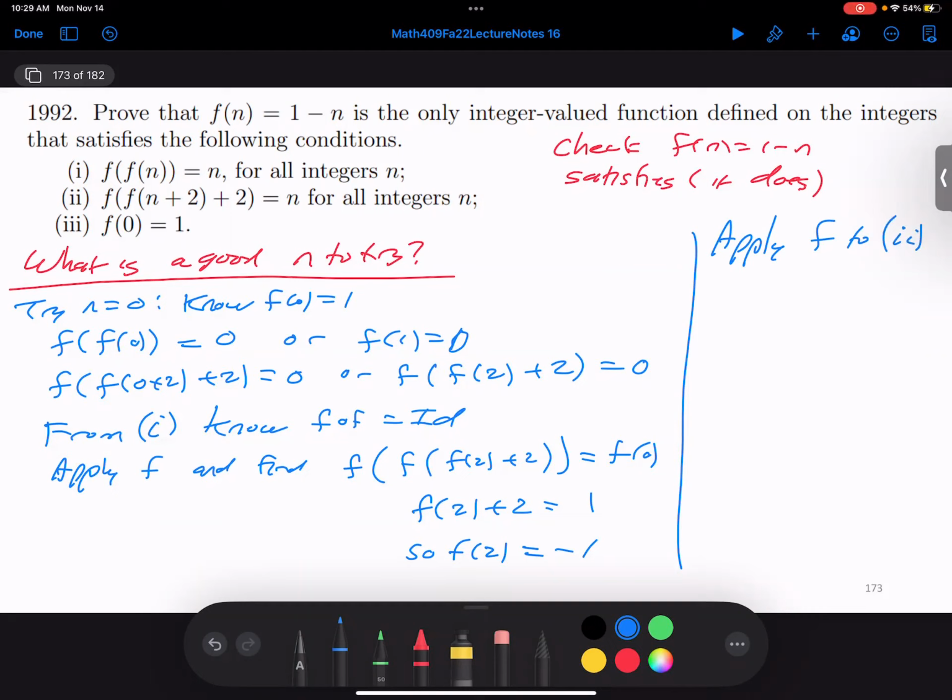And now we would just get f of n plus 2 equals f of n, on the right side, thank you. So what can we deduce? So we get f of n plus 2 is f of n minus 2.